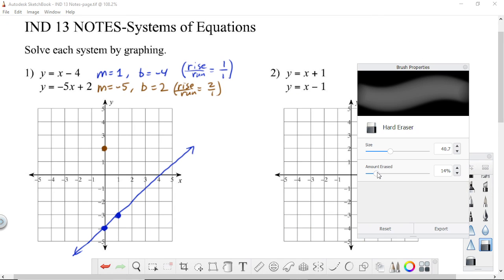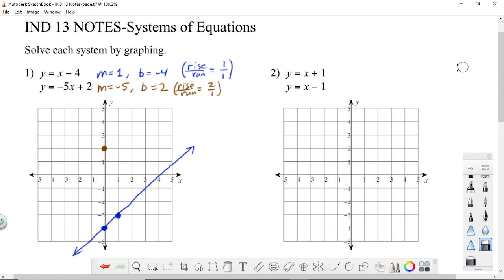Need to make that smaller. Okay, finally got that. Rise over run is -5 over 1. Okay.